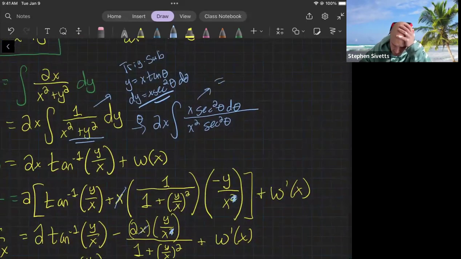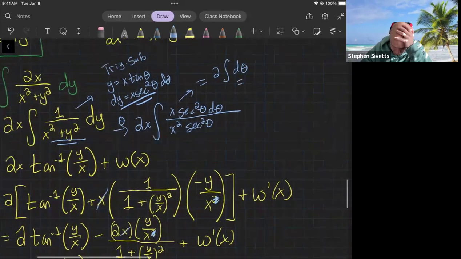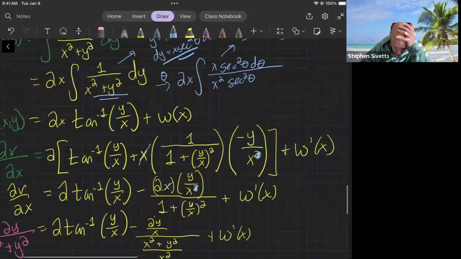So this equals 2 times the theta. Okay, I see the problem.